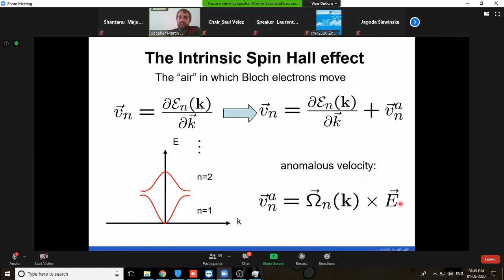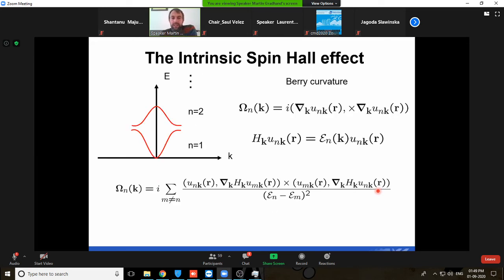What is important is that it's perpendicular to the electric field by the cross product, so it will always be a perpendicular effect to the electric field. So what is the Berry curvature? The Berry curvature can be recast in this long expression. Here are the periodic parts of the Bloch wave function, and you have derivatives of the Hamiltonian.